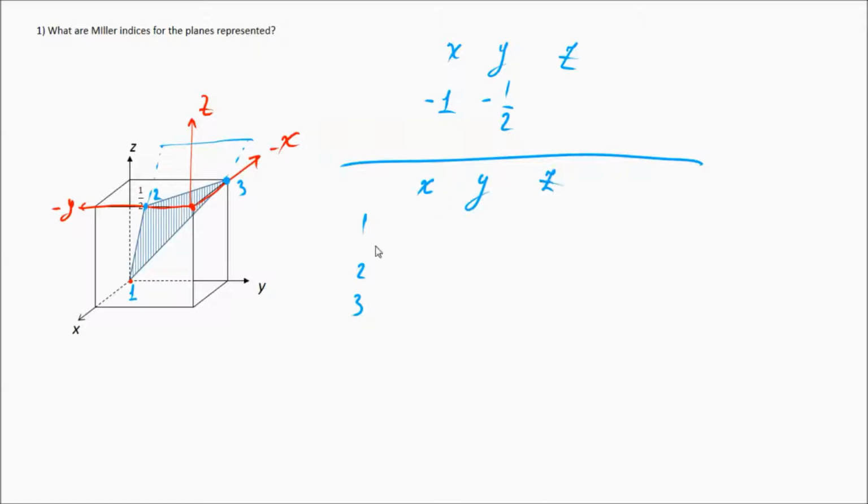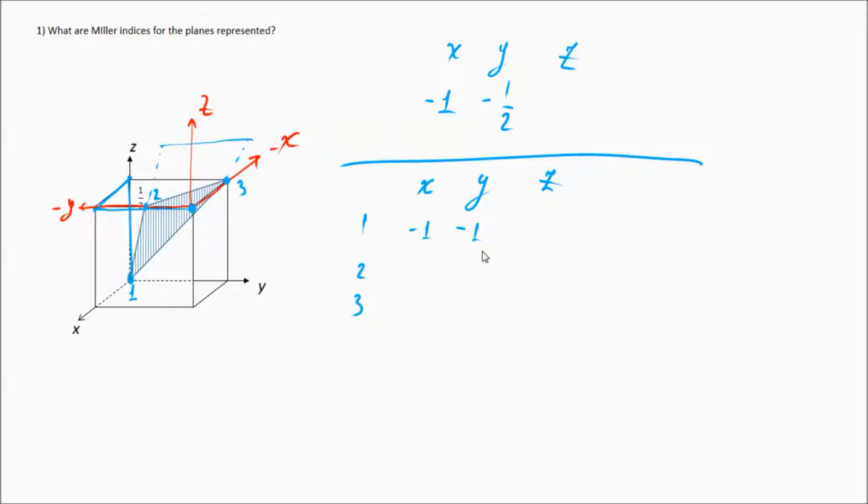Point 1, which is here. Keep in mind I have changed the origin. Now this is the origin. According to this origin, what's point coordinates of point 1? In order to go there, I need to move -1 in y-axis, -1 in x-axis, and -1 in z-axis.